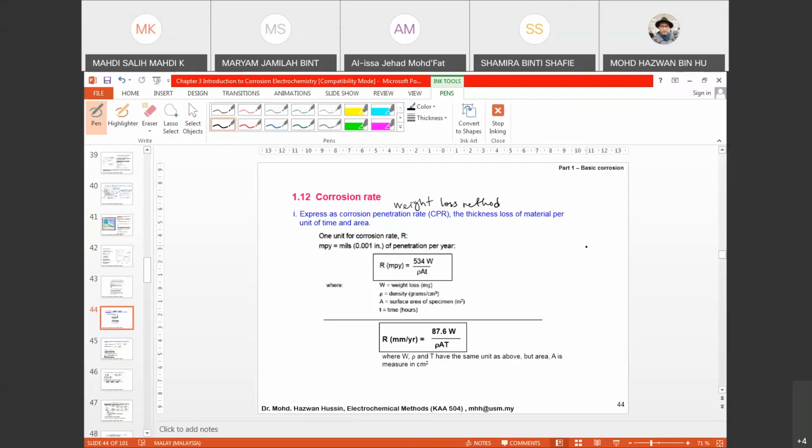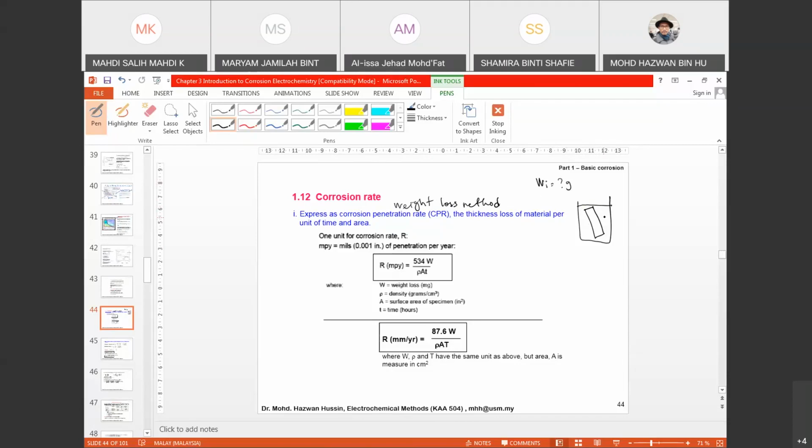So what does it mean by weight loss? Weight loss is a method where you have your specimen, a metal, put in a container at a fixed volume, and you know the initial weight.